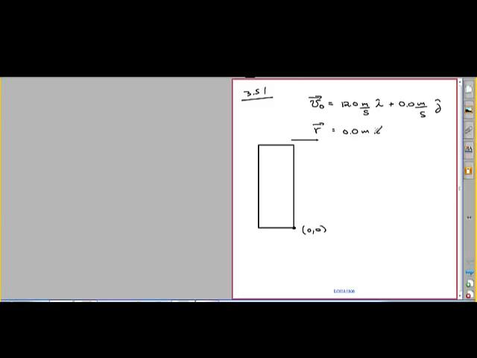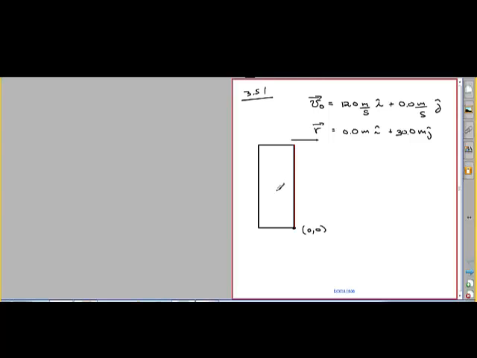So you get 0 meters I plus, and it's a 30-meter tall building, so you get 30.0 meters J. So that's my initial position vector. You can kind of think of it as this is the position vector here, and this is my velocity vector.